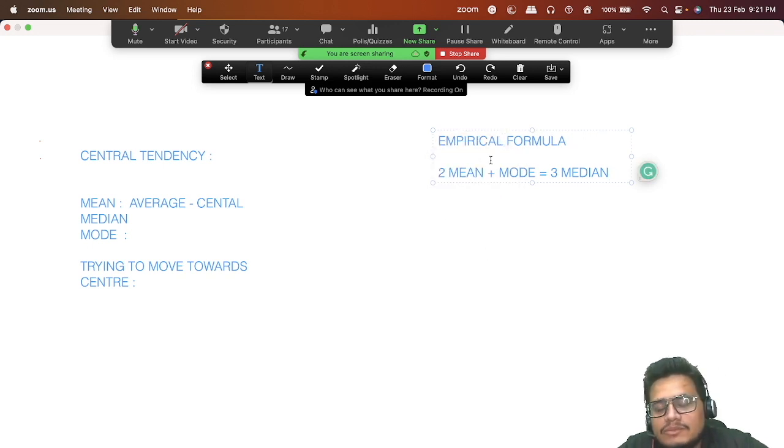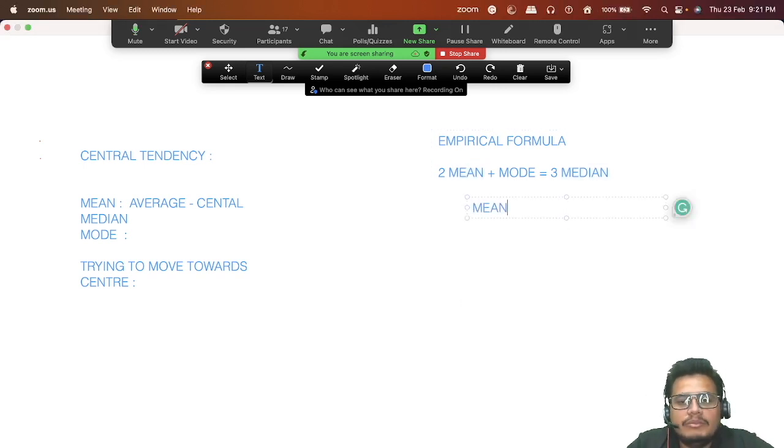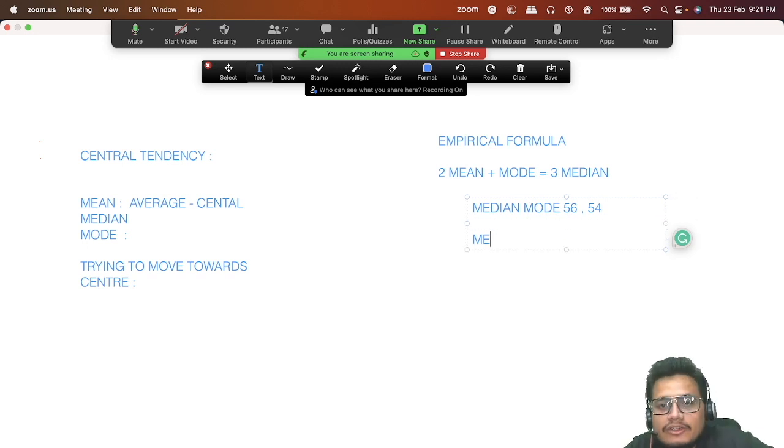If we have two terms with you, either mean and median, mean and mode, or mode and median, then you can calculate the third term. Example: you are given the median and mode of data as 56 and 54 respectively. Find the mean value of my data.